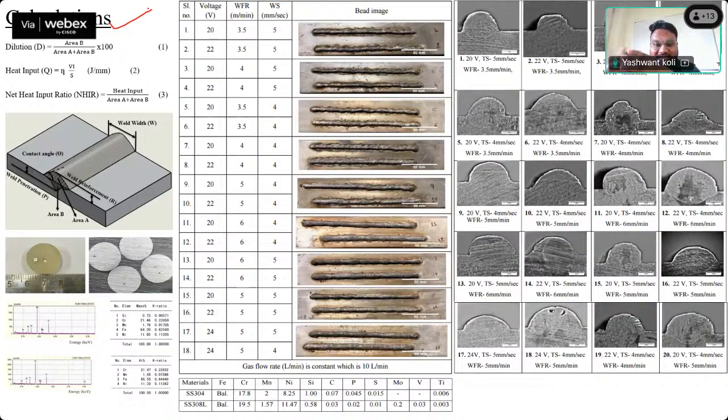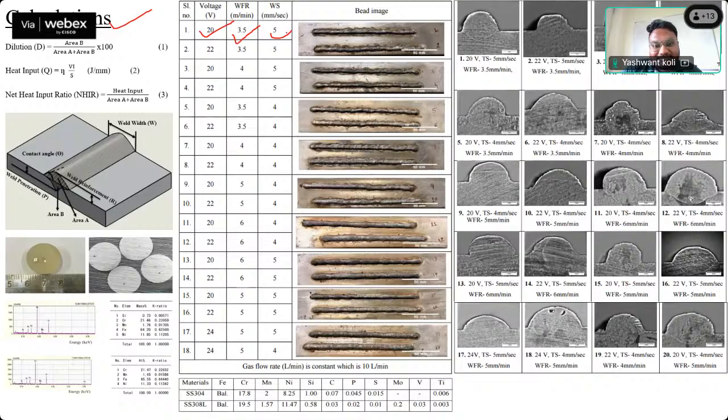So before fabricating a WAAM component, we actually perform bead on plate experiments, because if we are fabricating a single wall structure or a multi wall structure, we need optimized process parameters for that bead and for that component. By checking the process parameters, we can alter them with different heat input.